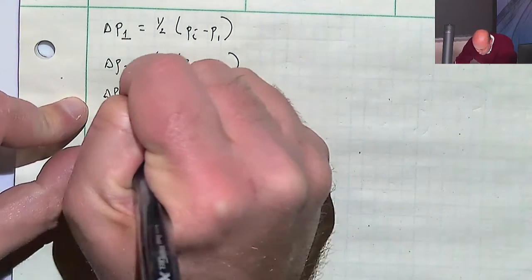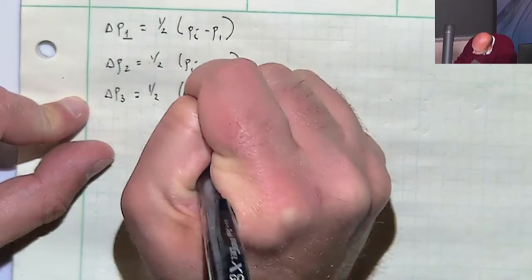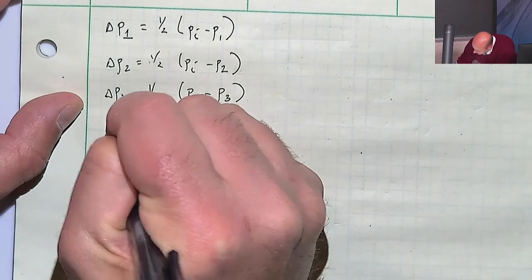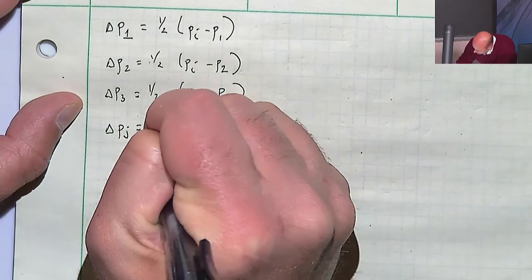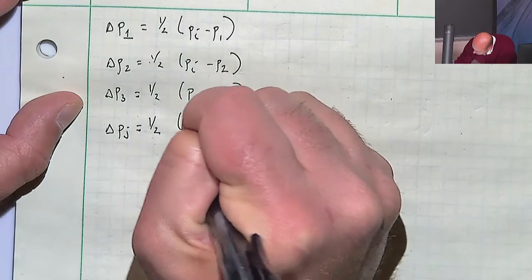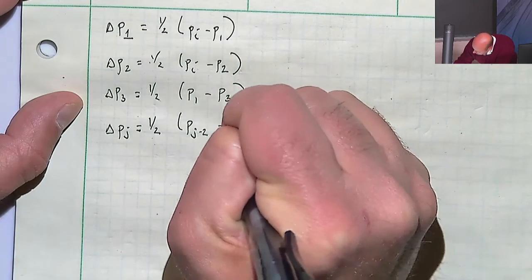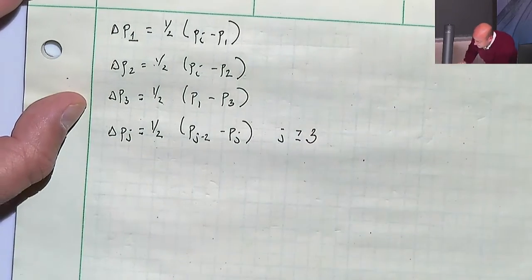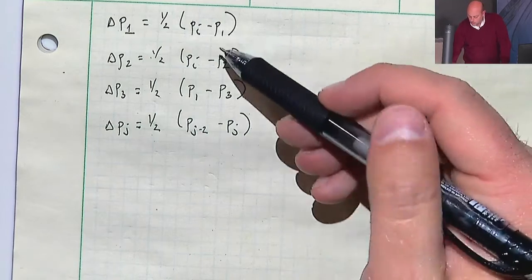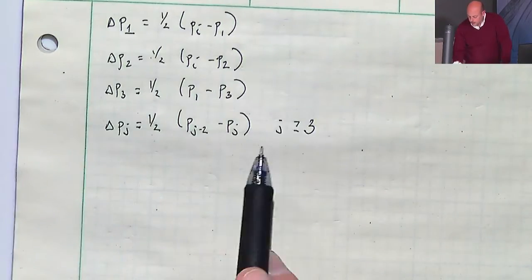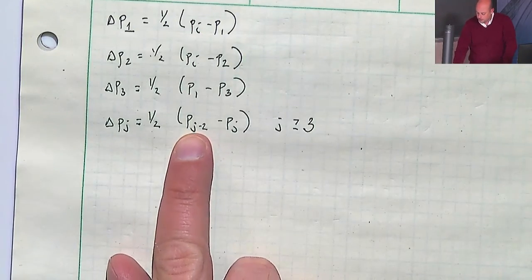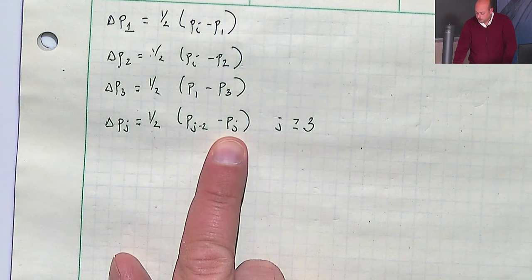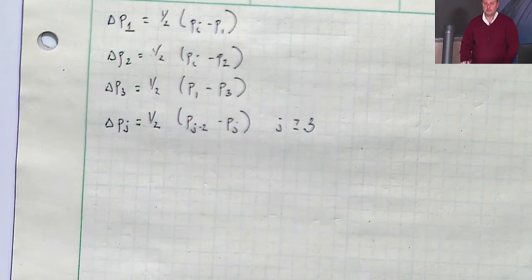Delta P3 is 1/2 (P1, not Pi, P1 minus P3). In general after that, delta Pj is 1/2 times (Pj minus 2 minus Pj), provided j is greater than or equal to 3. If j is 1 and 2, you use the earlier formulas. After that, if j is 3, you have P1 minus P3. If j is 4, it's P2 minus P4, right, etc. So that's how you calculate that.